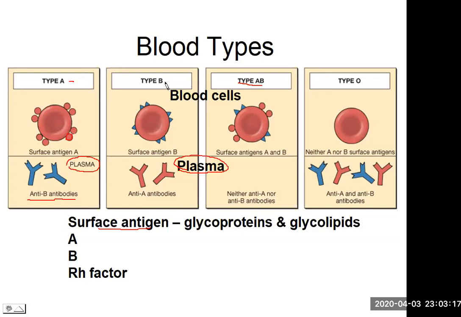The blood type B, in their plasma, they're continually generating anti-A antibodies. Type AB person, they're not producing either anti-A or anti-B antibodies. And you see here the type O grouping, in their plasma, they're producing both anti-A and anti-B antibodies.